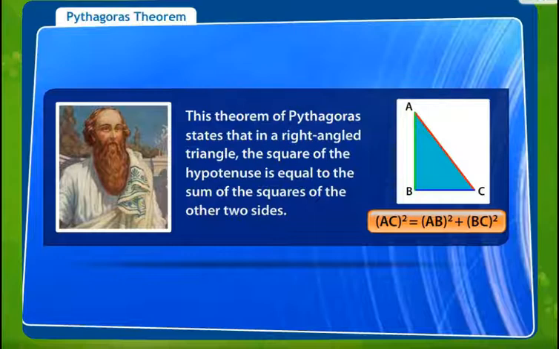Hence, this is the Pythagoras theorem, which states that hypotenuse square is equal to base square plus height square. If we apply it to triangle ABC, AC square, the hypotenuse, will be equal to the sum of the squares of the sides, that is AB square plus BC square.